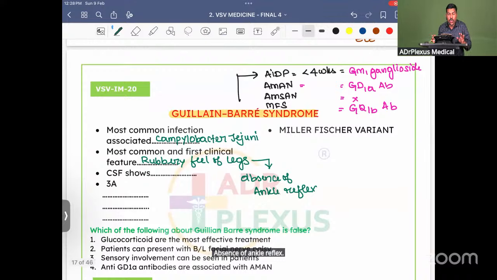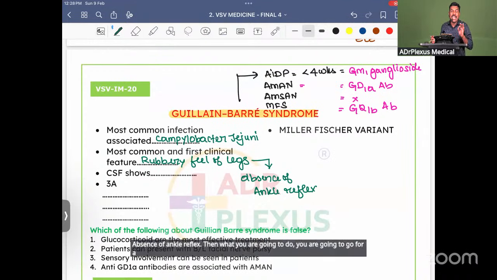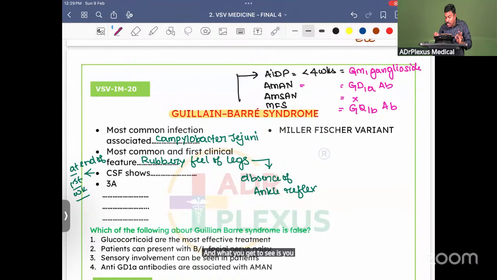Then you are going to go for a CSF analysis, and the CSF analysis will usually be done at the end of the first week. What you get to see is albuminocytological dissociation. That is, the albumin will be more and the cell count will be low.